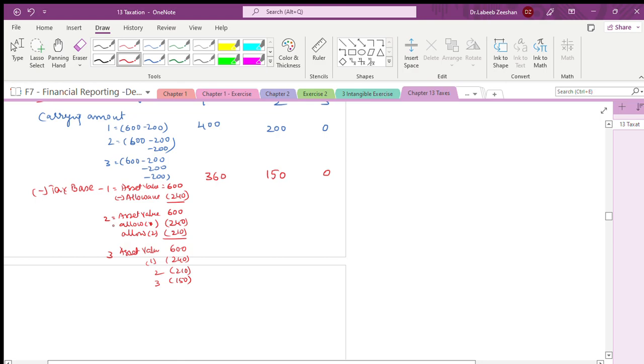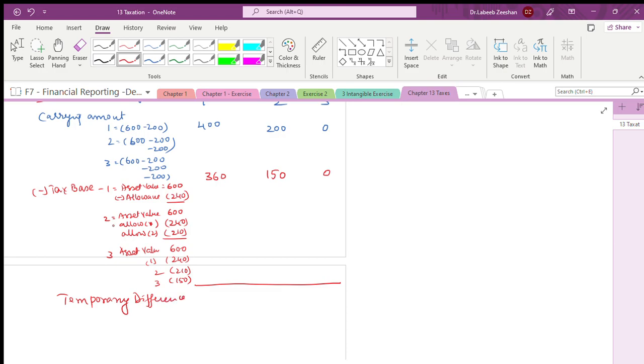Whatever we are getting here is called the temporary difference. Temporary difference is how much? 40. Temporary difference is 50. Here the temporary difference is how much? 60. Less.